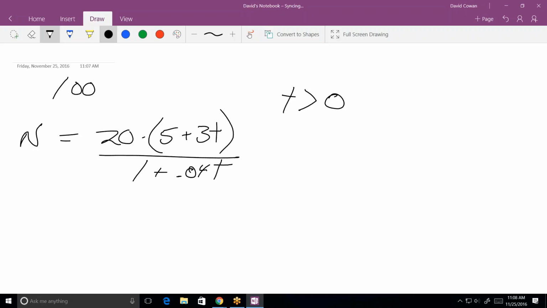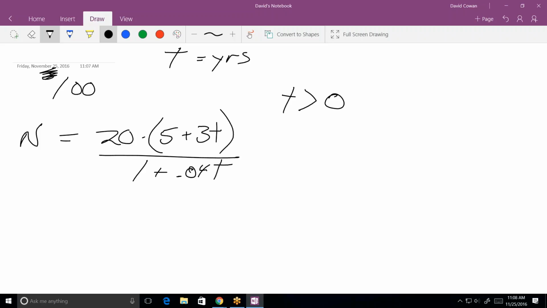T is time, right? Yes. And it's number of months? Years. Years? Okay, so t is in years. And they started with 100, and N is the population? Yes.